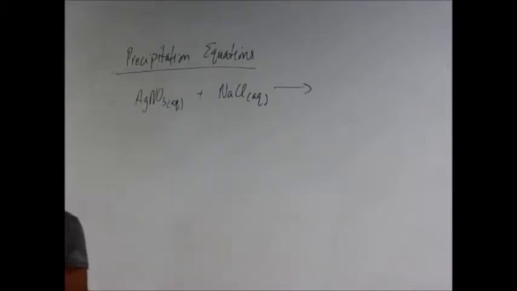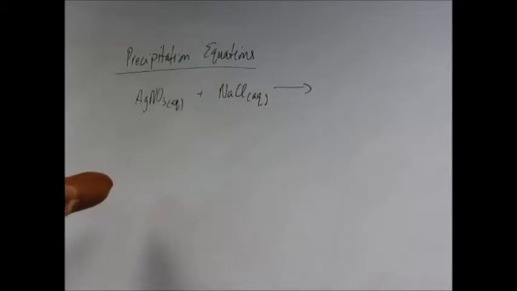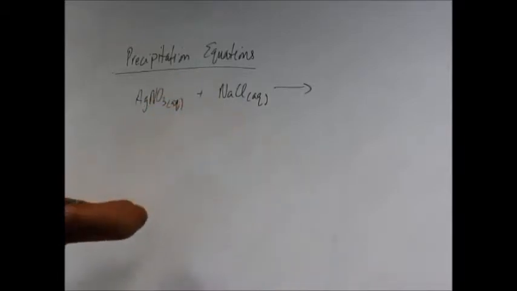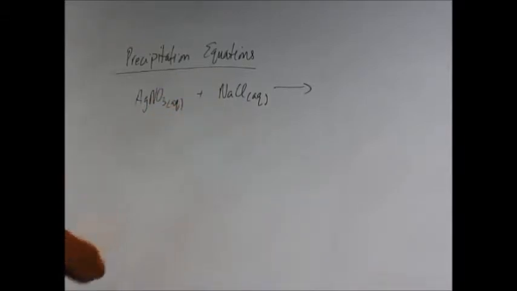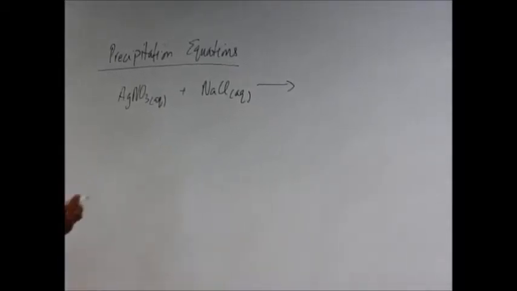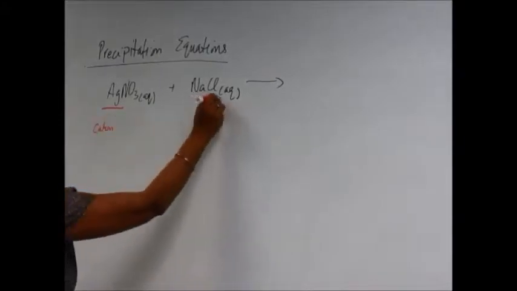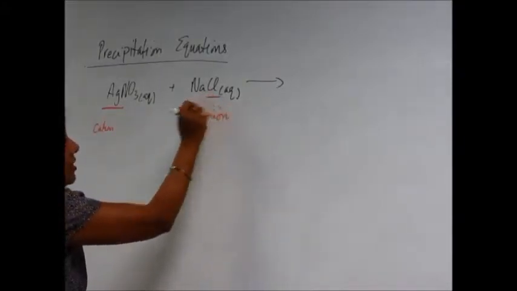What you will also have to be able to do is predict the products, and because I'm telling you over here that this is a precipitation equation, we'll go ahead and write the products ourselves, doing the double displacement. So the way you do the double displacement is you take the cation of one and the anion of the other.